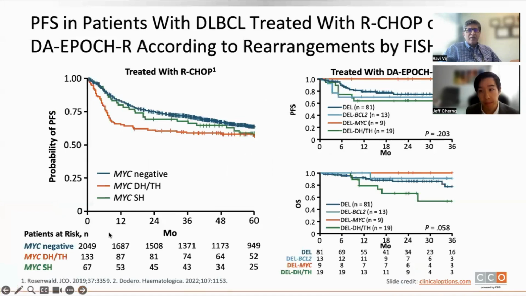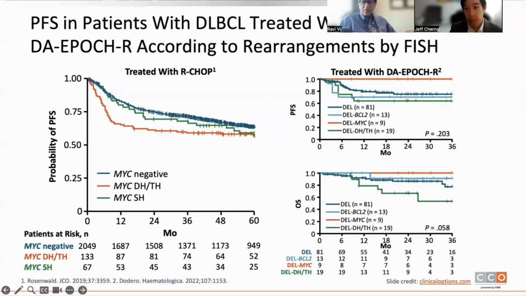So as far as the outcomes go, is the R-CHOP any different than the R-EPOCH for these higher risk patients?